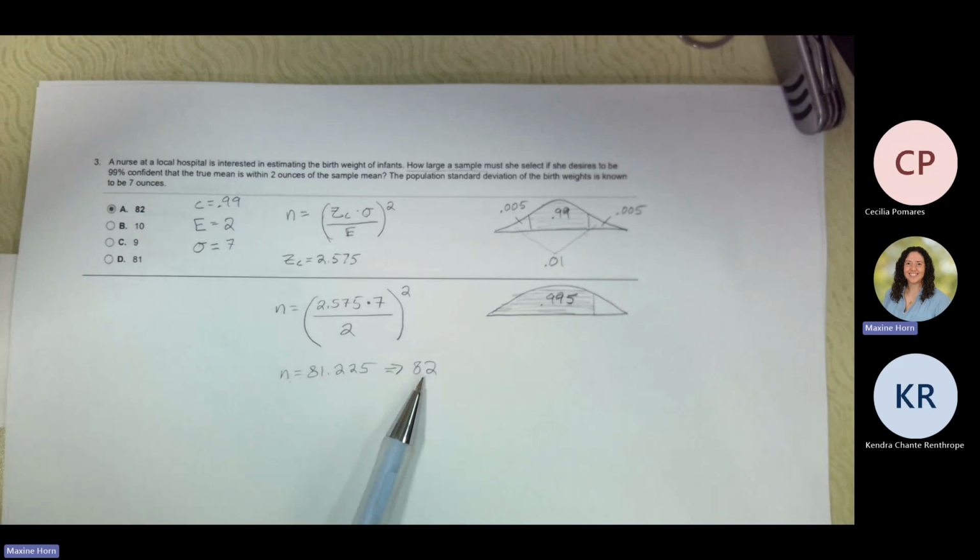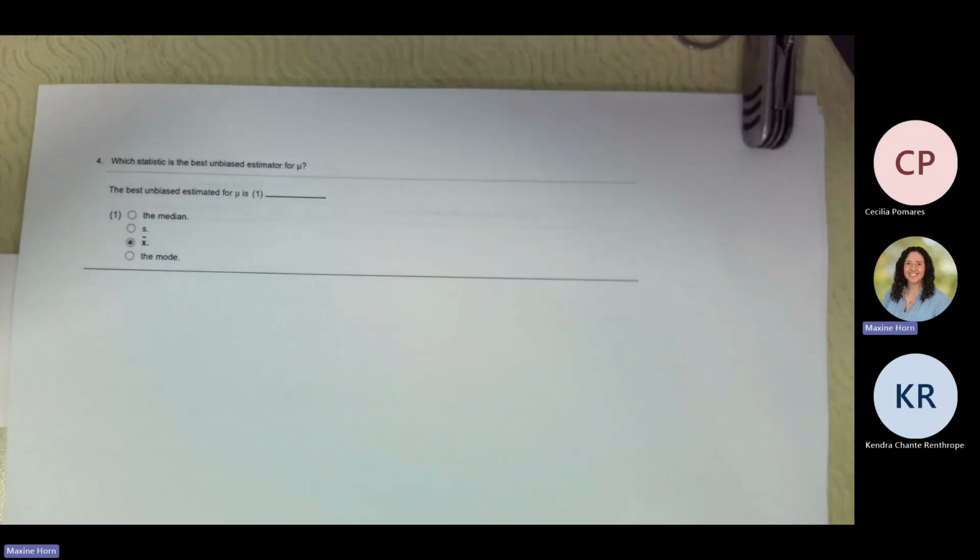You can absolutely have more than this. In fact, you should have as many people as you can include, realistically. So that's why we have to go up to the next whole number. Even if this was 81.001, you still have to go up to 82. Okay. All right. Moving on.